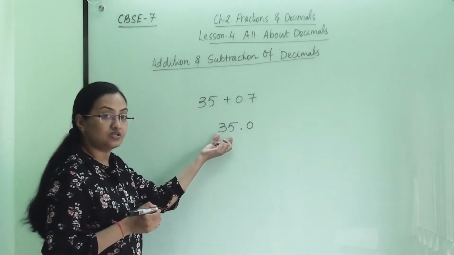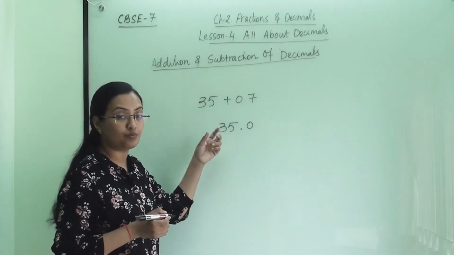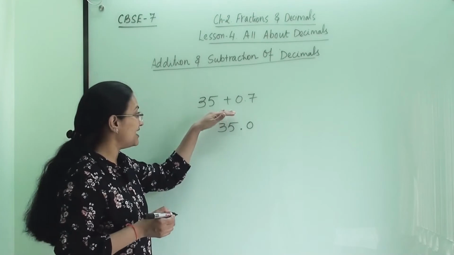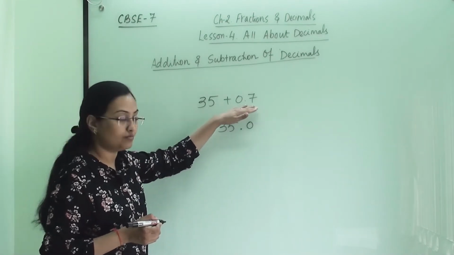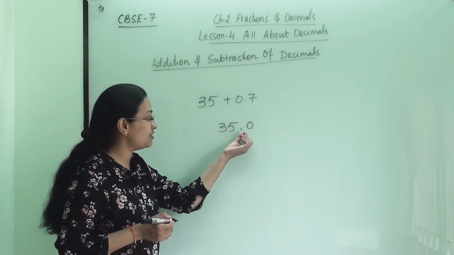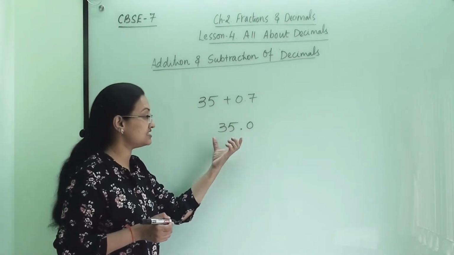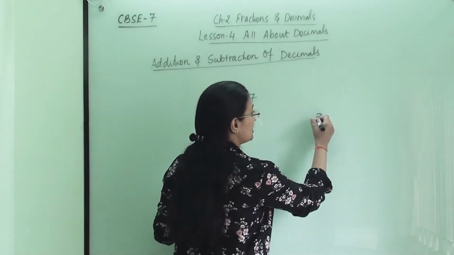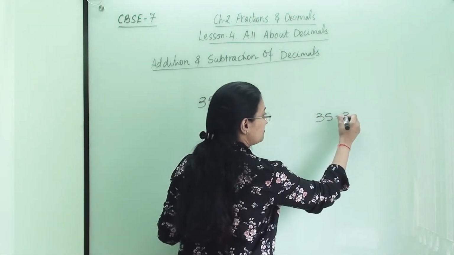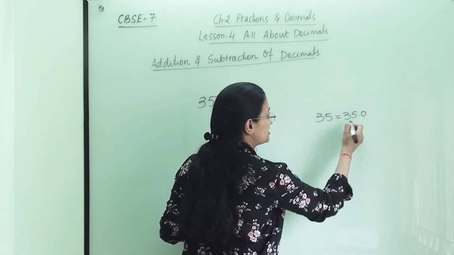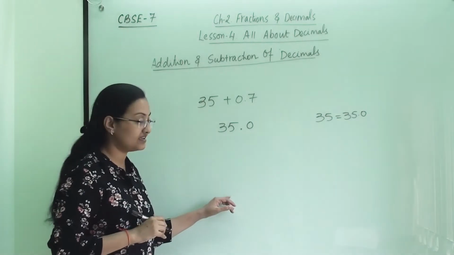To adjust with the decimal number, we can just add a decimal point after it. So 35 is equal to 35.0.